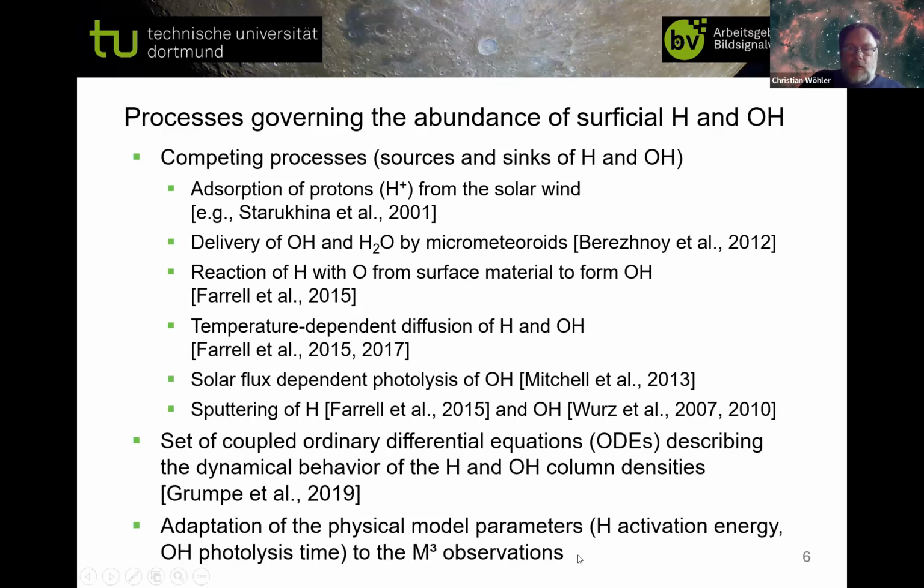That was only not true for the hydrogen activation energy. There was no real information in the literature, and also the hydroxyl photolysis time, the characteristic time of hydroxyl photodissociation, was only given for the hydroxyl gas phase, which we then used as a lower limit.